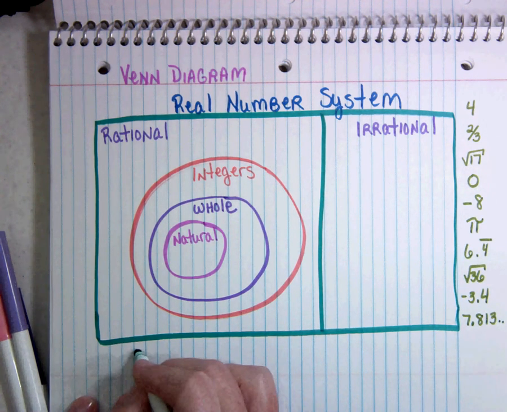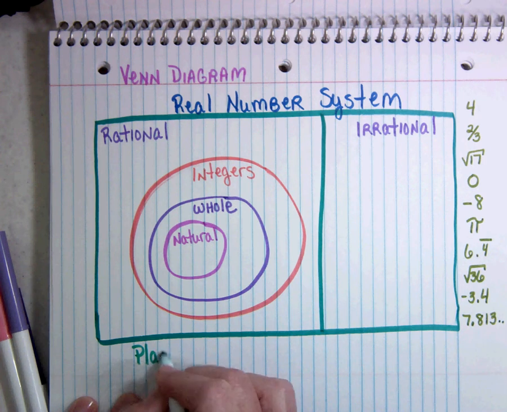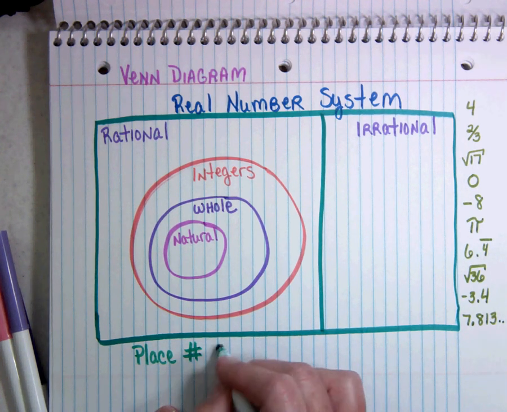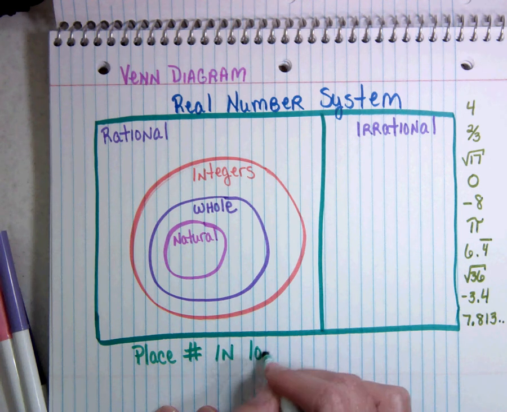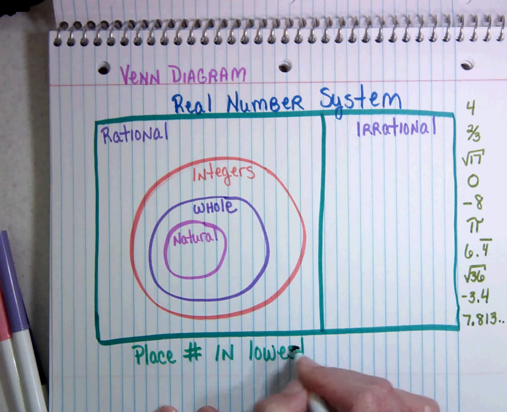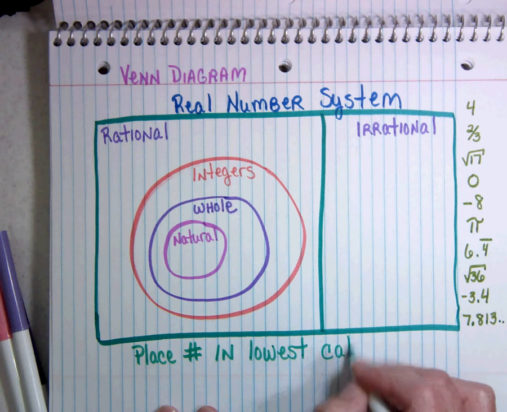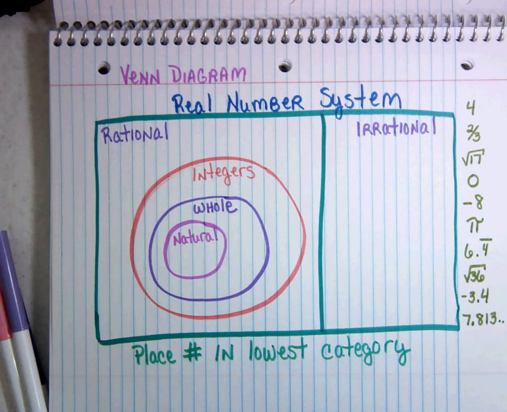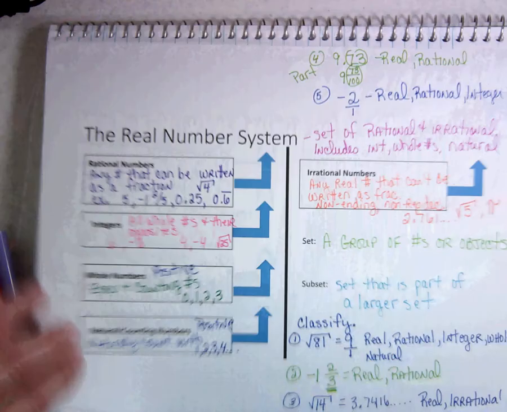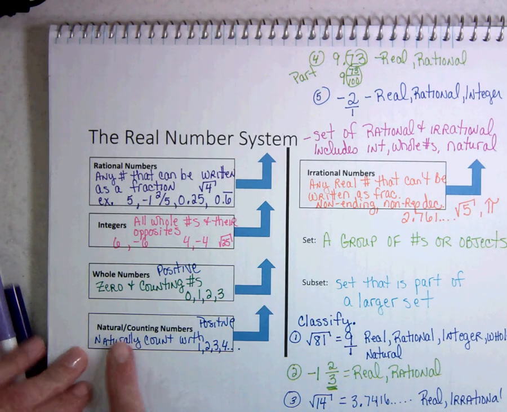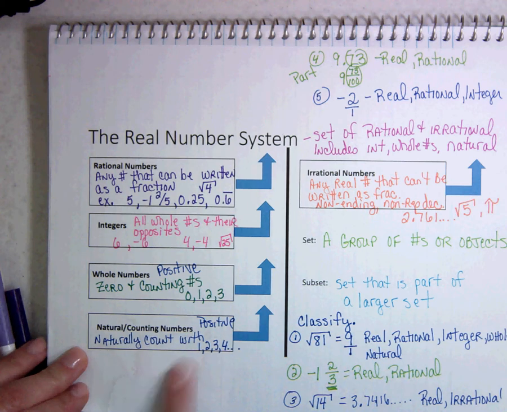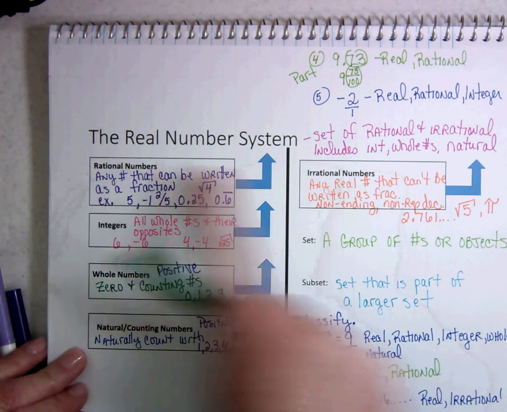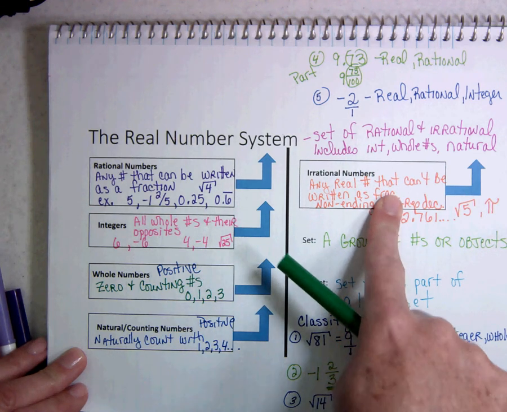And so what I want you to think about is that we're going to place the number in the lowest category. Okay, the lowest category. And when I say that, I'm referring back to our diagram. I would consider natural numbers the very lowest category. Rational and irrational would be considered our biggest categories.